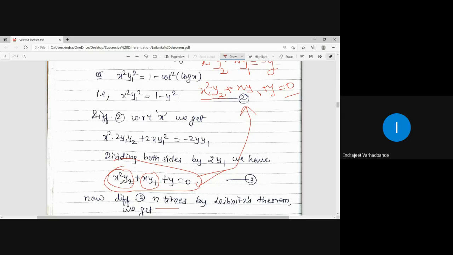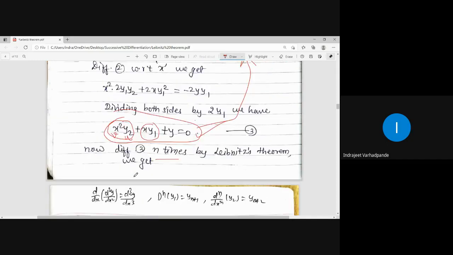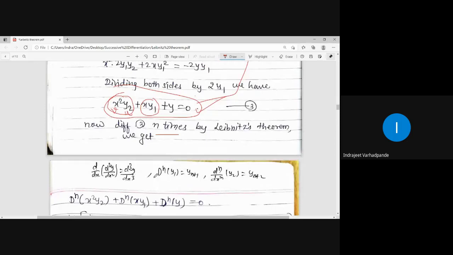So what will be u and what will be v over here? v will be x square and u will be y2. So what is the differentiation? See, here I have written it: d2y by dx square, differentiated once, gives you d3y by dx cube. dn of y1, add them together, simply n plus 1. dn of y2, simply add them together, n plus 2.